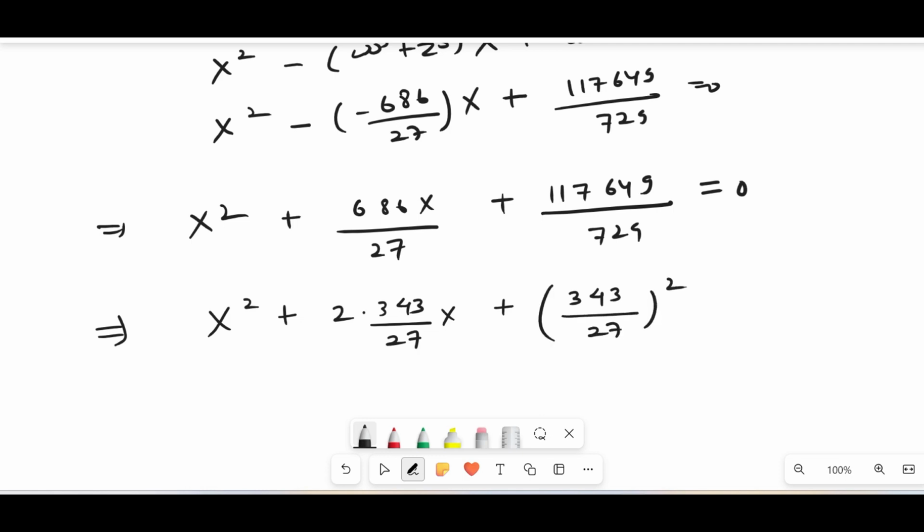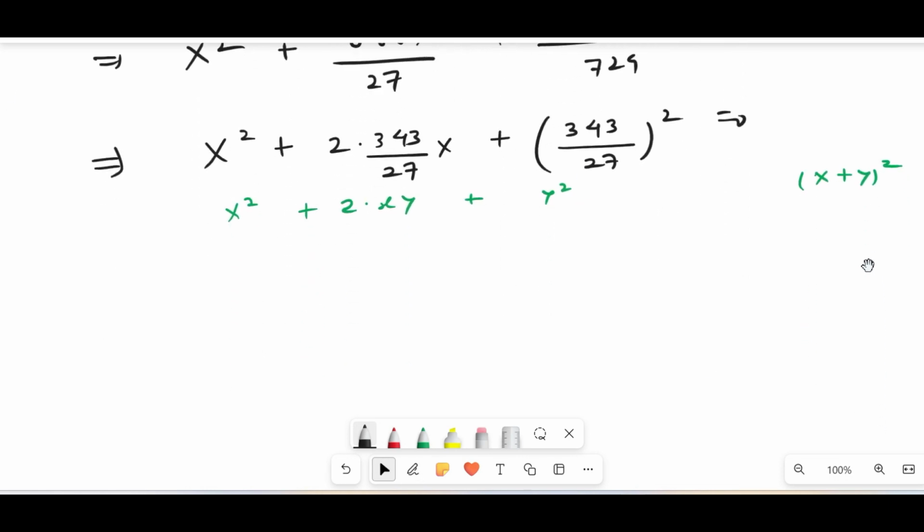So by comparing, that is capital X square plus 2xy plus y square, we can write (x plus y) whole square. So by using that, we can write (x plus 343 over 27) whole square is equal to 0.